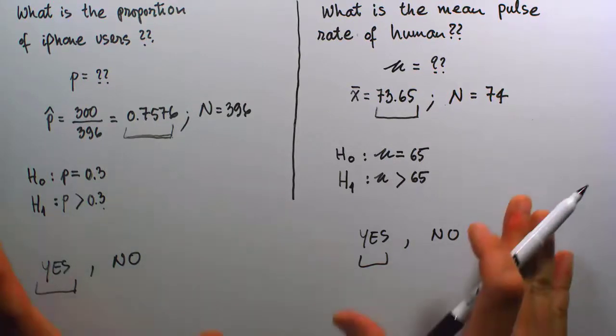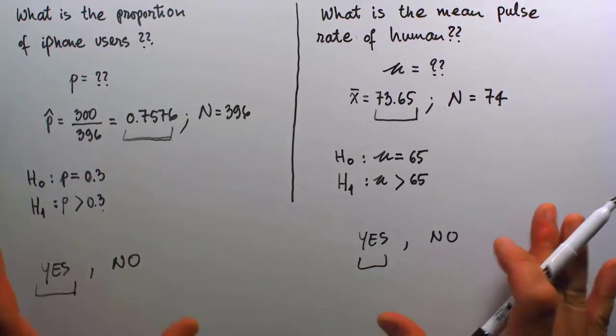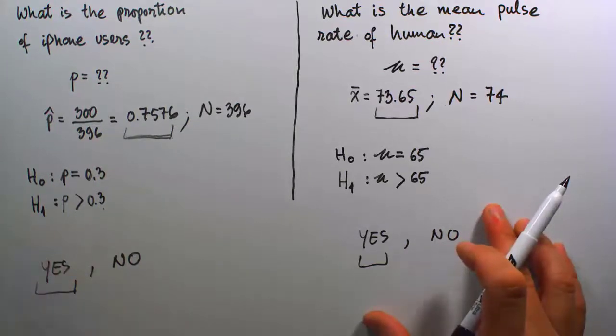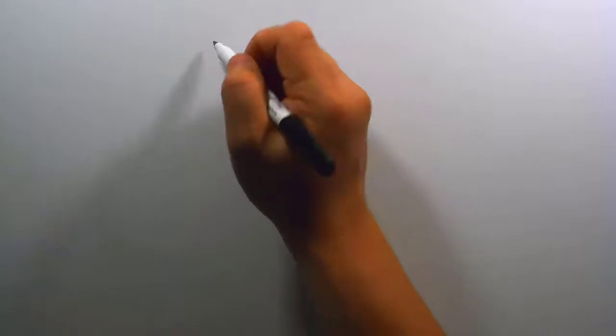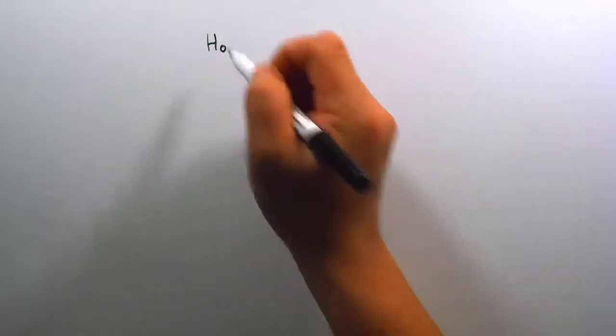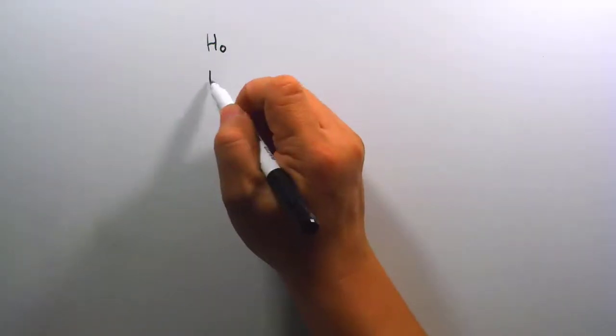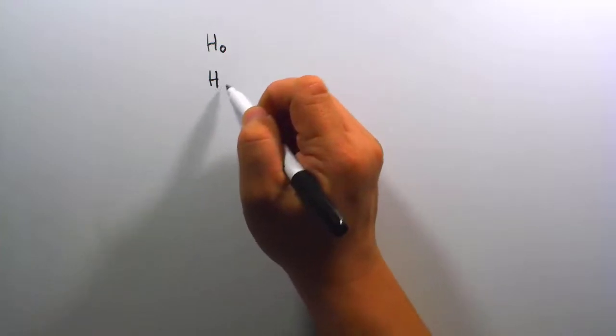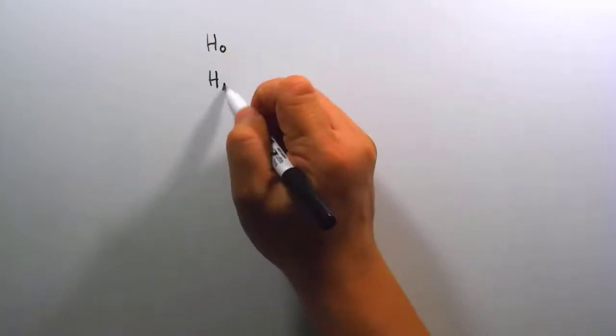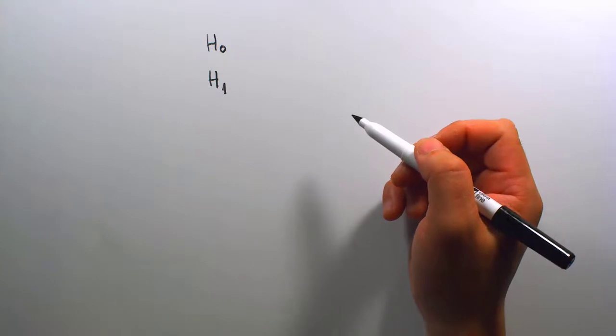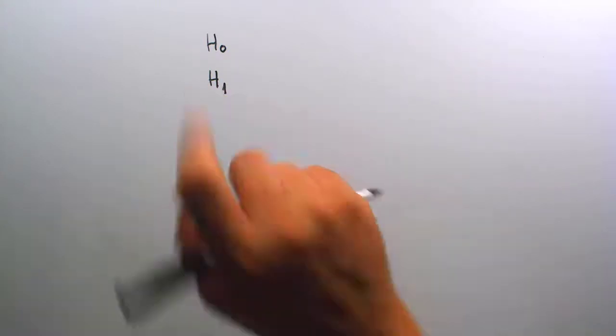Now generally, in any of these hypothesis testing problems, think about it this way: we have a null hypothesis, we observe our sample, our evidence, whatever that is, and we have a counter argument, an alternative hypothesis.